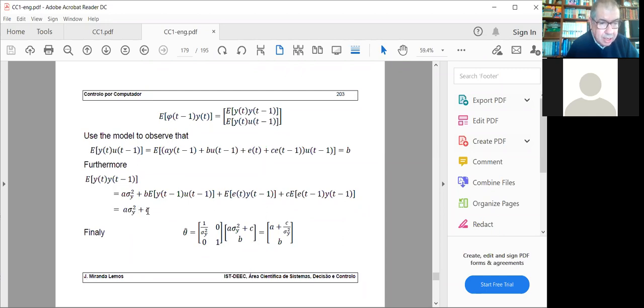Let's put everything together. You have to put the inverse of the information matrix times this term here. That's the least squares estimate. If you do this matrix multiplication, your estimate will be a plus c divided by sigma y squared, and b. So the expected values of your estimates are not a and b, but a plus a term that depends on the correlation of the noise.